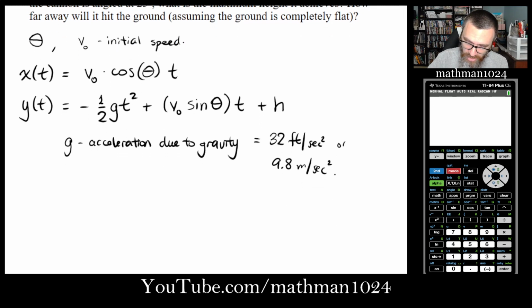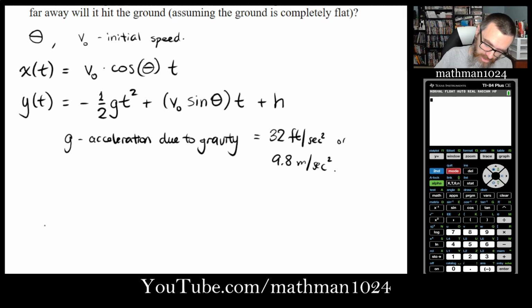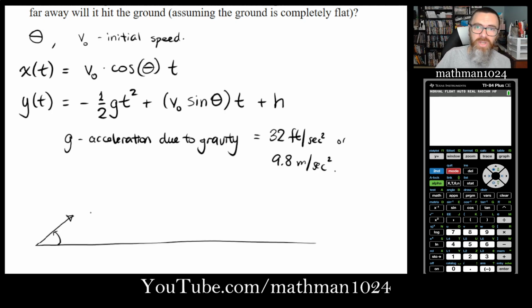So if you were to draw this picture out, here's the ground. You are starting off, we talked about vectors, right? So this goes back to vectors. So we have this angle of inclination here of 25 degrees and this initial velocity of 500 feet per second.